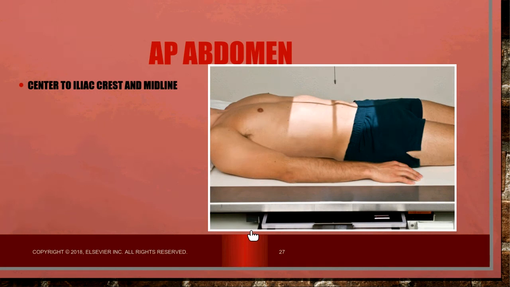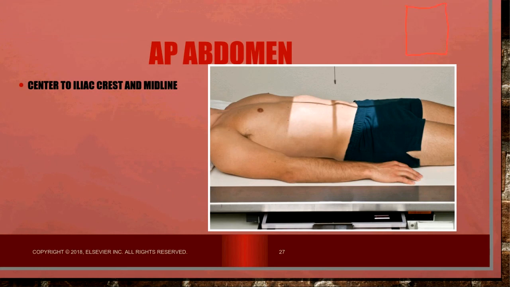Now that is very common, especially with society the size that it is today. How you would go about doing that, just to describe, so you'd have two 14 by 17s placed crosswise. So your image receptor to the patient would go like this.